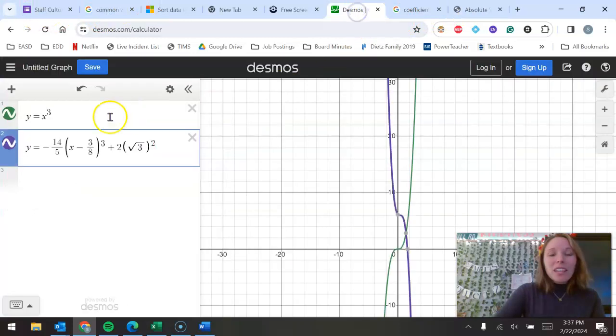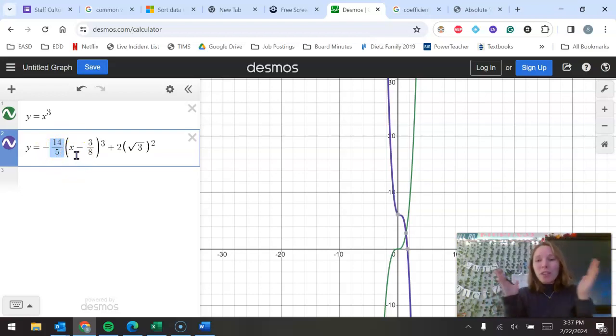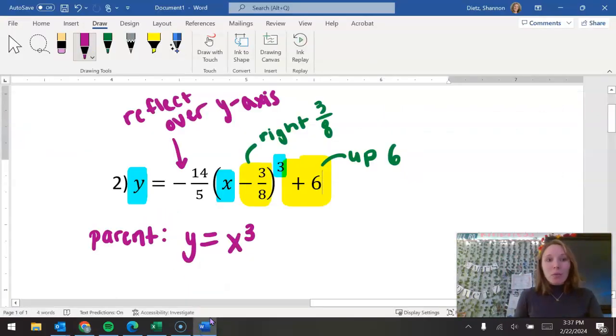When we take a look at it here, we can see this number, 14/5, is larger than 1. So it's getting larger than it was before, meaning we're getting that stretch, where it's shrinking. And it's getting more steep and closer to your y-axis. So that's what we can say for this part.